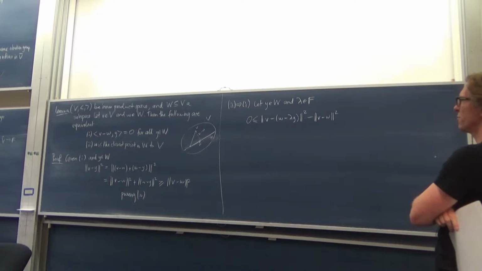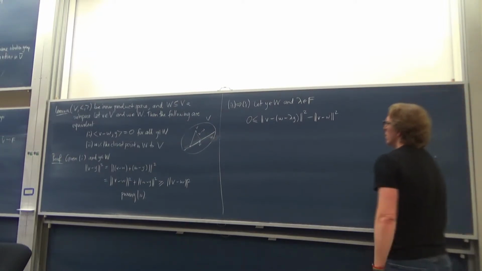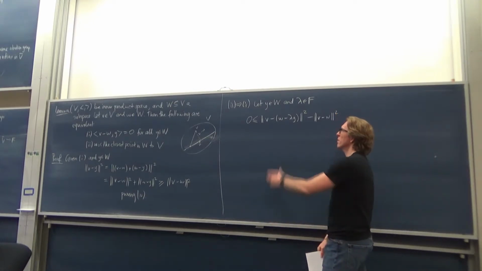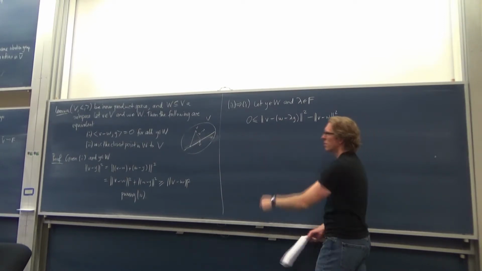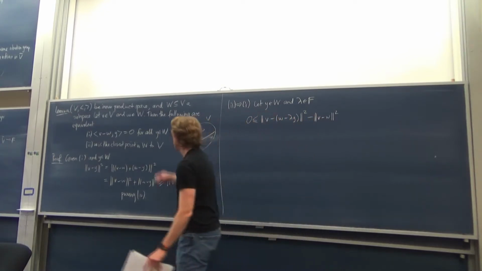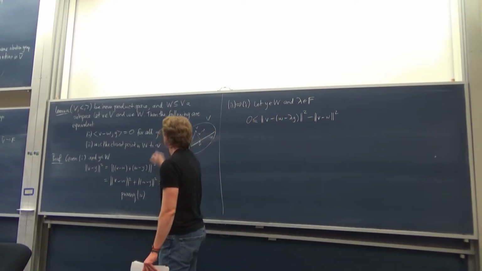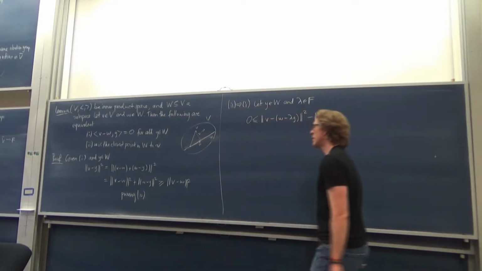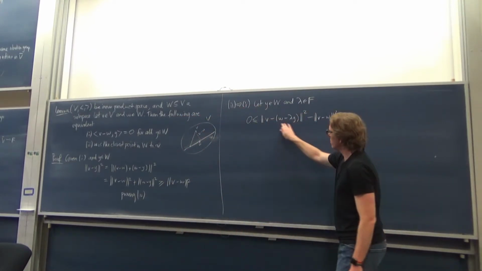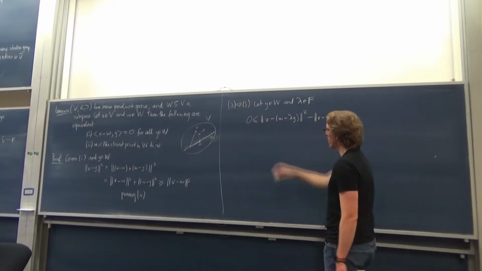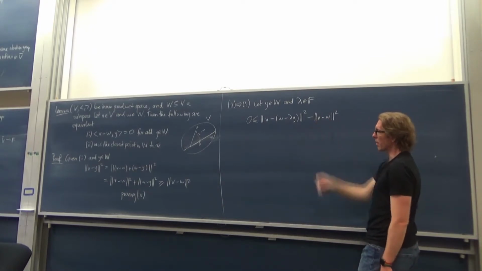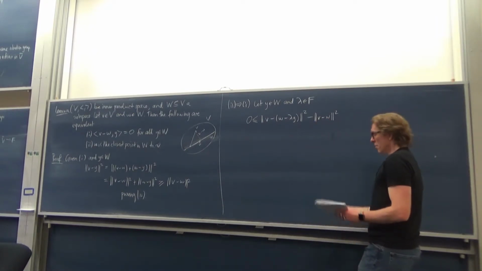Well, why on earth is that true? I'm assuming W is the closest point in W. Apologize, that was a lowercase v. So that's in W. But W was the closest point, so this thing here, if I moved it over to the left, has to have that inequality. So this is a consequence immediately of 2.